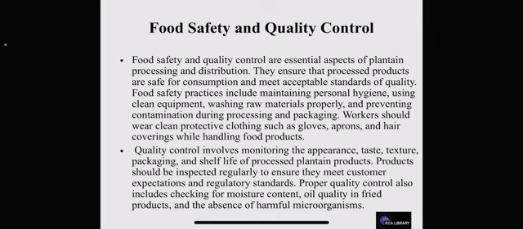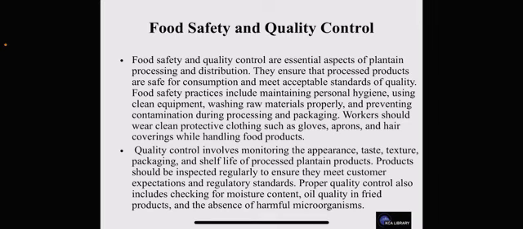They ensure that processed products are safe for consumption and meet acceptable standards of quality. Food safety practices include maintaining personal hygiene, using clean equipment, washing raw materials properly, and preventing contamination during processing and packaging. Workers should wear clean protective clothing such as gloves, aprons, and hair coverings while handling food products.